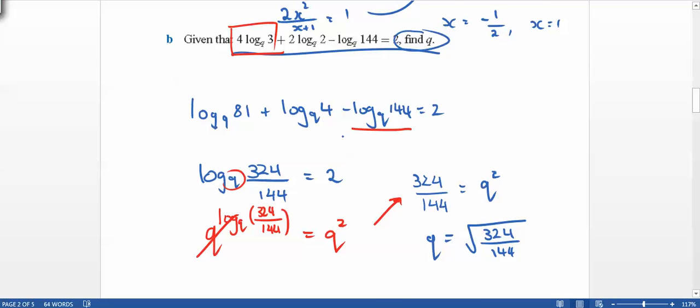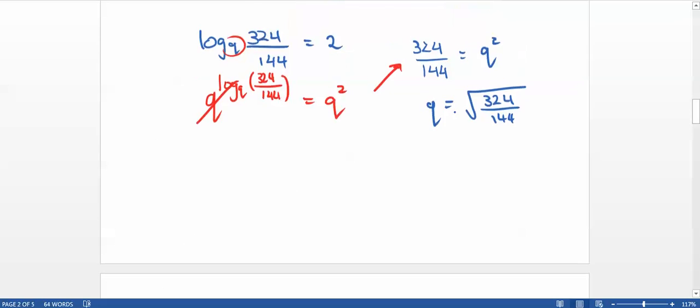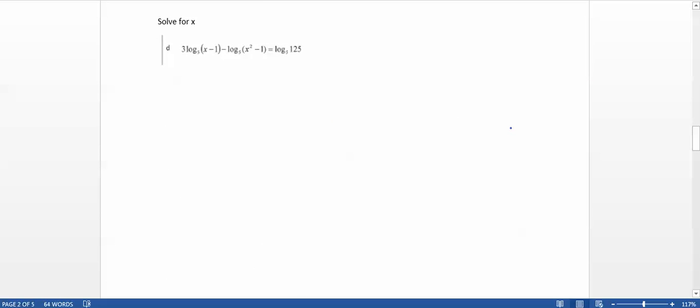All right, so once again, we're just applying our log laws, and expect quite a few of these in your assessment. Let's try this one. We're solving for x, much the same, this time applying our rules. First of all, we've got just the 1 on the left-hand side, but this is the important thing: until we do the reverse power on this 3, we can't actually apply those log laws.